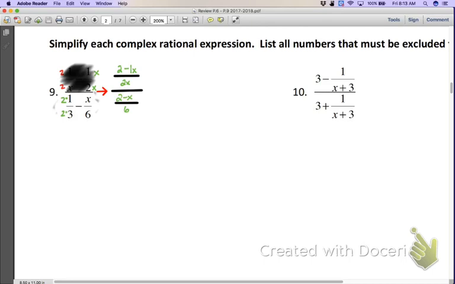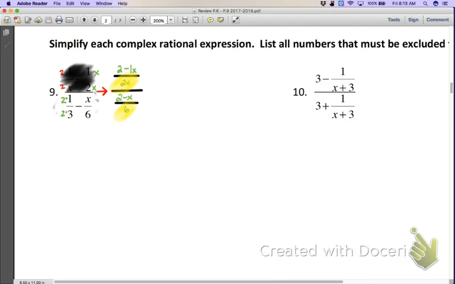Now, from here, you can do this a couple different ways. You can leave it stacked, or you can take it off of being stacked and do keep, change, flip. First thing I need to do, though, is figure out what my restrictions are. So I need to look at the denominator here and the denominator there.